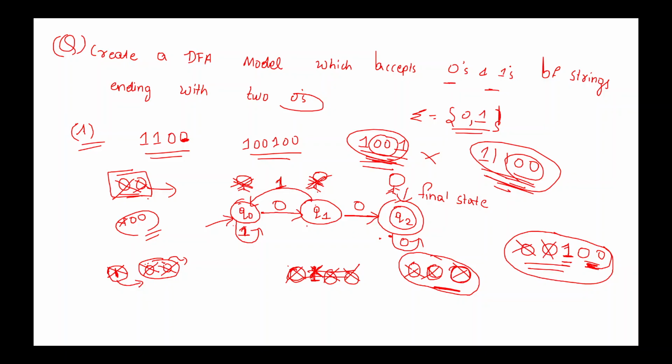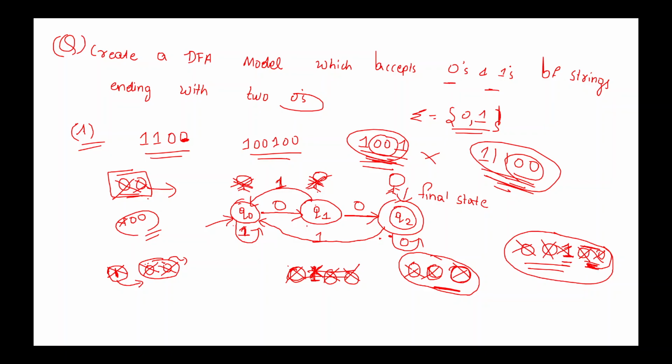So what I will do is move q2 on 1 to a state called q0. Why? Because after q2 on 1 moves to q0, this input symbol is done. There are two more zeros, and the first zero is received by q0 and it moves to q1, and then q1 receives one more zero and ends up at q2, which is a final state.